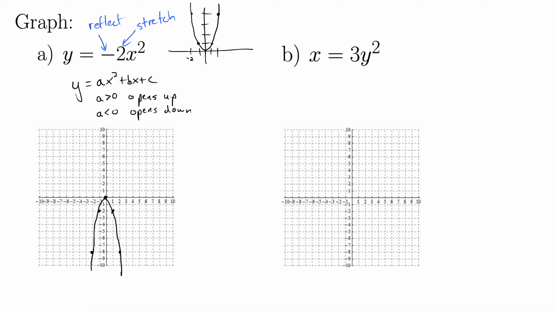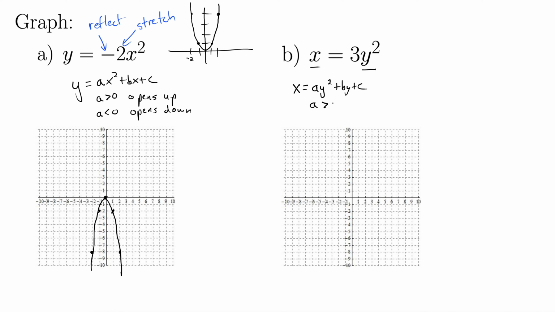Let's look at part B. For B, we have a different situation. This one is going to open sideways. When we have y equals something, it opens up and down. But when we have x equals y squared, now it's opening to the left, to the right. In general, if the leading coefficient is positive, these sideways parabolas are going to open to the right, if they're of the form x equals ay squared plus by plus c.